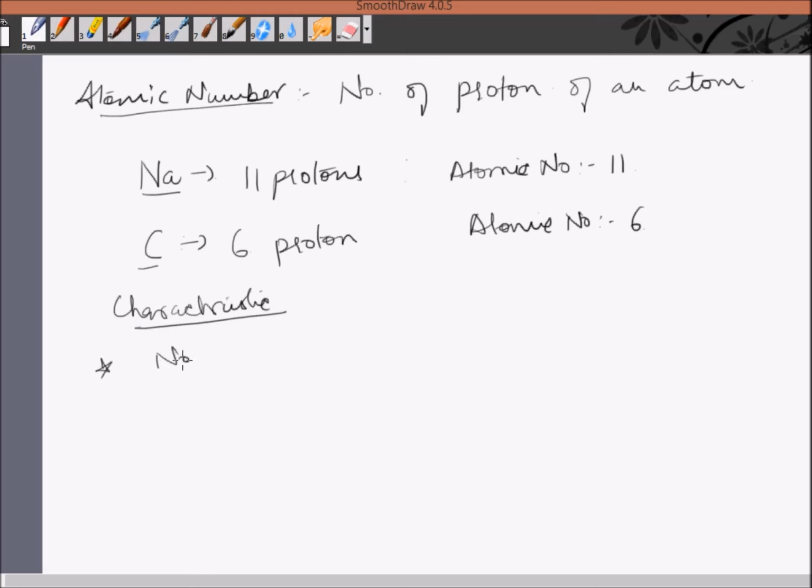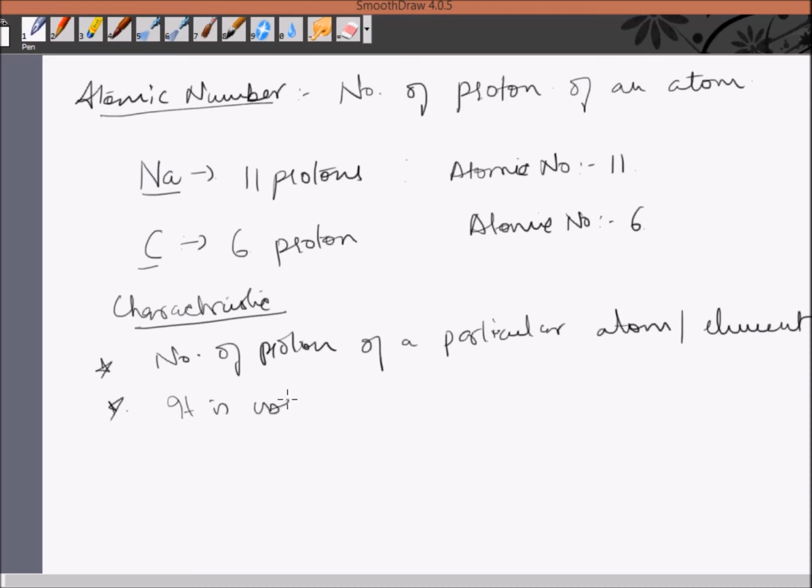First, it is the number of protons of a particular atom of an element. Secondly, it is used to identify an element.